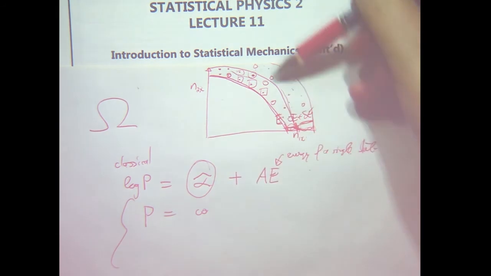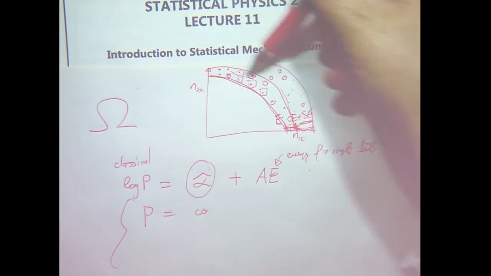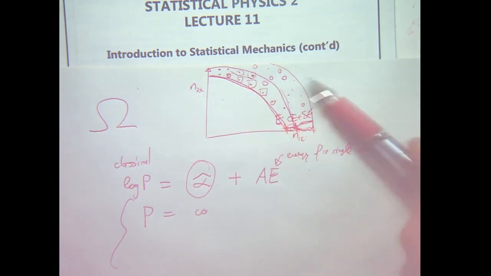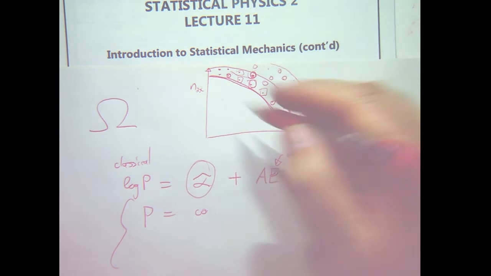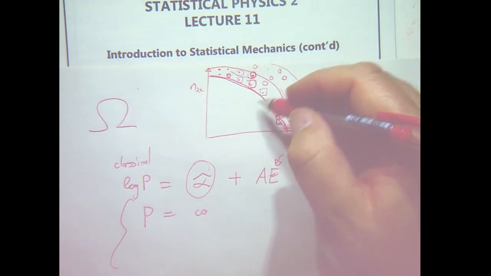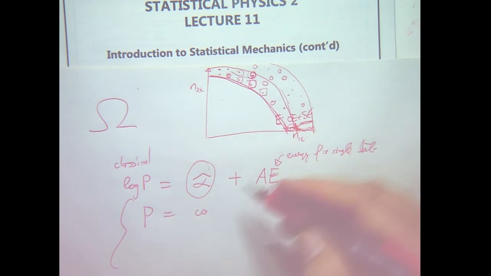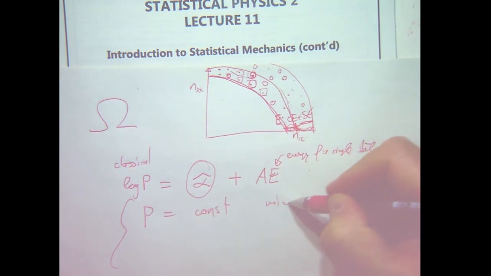This could be used for the microcanonical ensemble, where the probability is zero outside the accessible region, and equal everywhere in the accessible region.